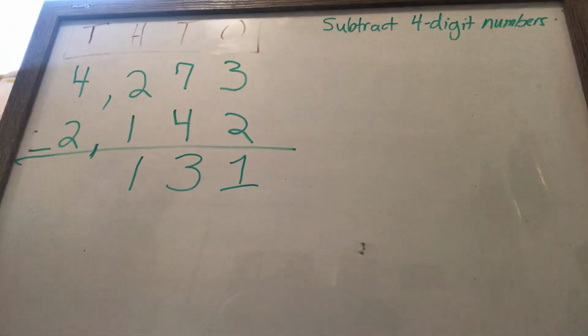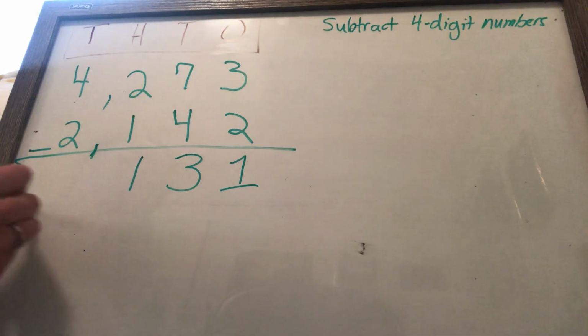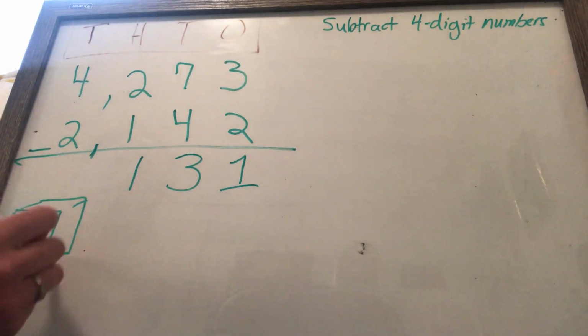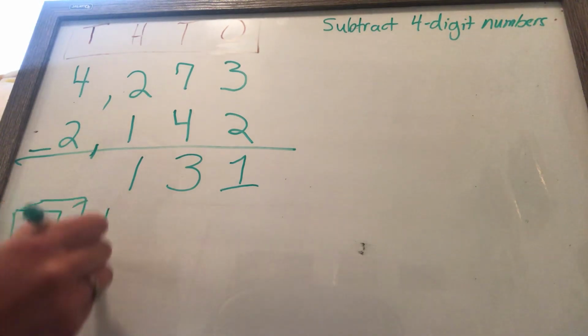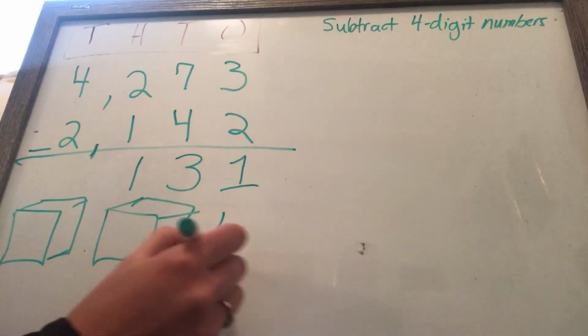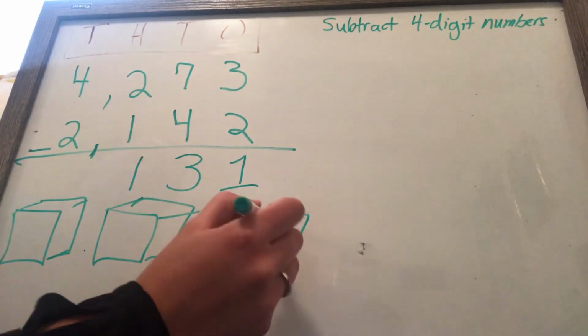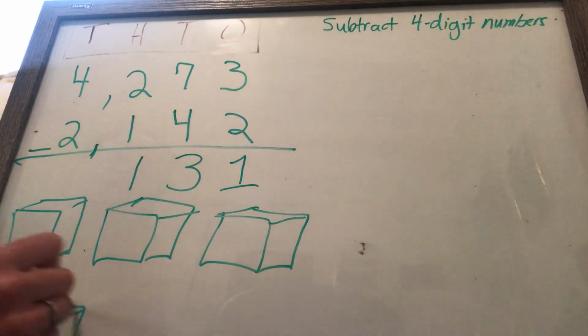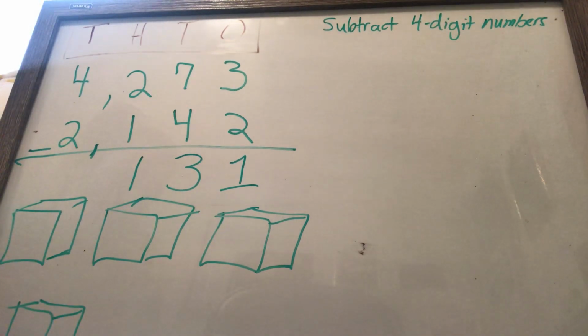And last but not least, our thousands place value really isn't any trickier to subtract than any of the other ones because 4 and 2, they're just small numbers. 4 of these big cubes, let me draw them really fast. 1, 2, super fast. 3 and 4. 4 cubes. And we're taking away 2 of them.